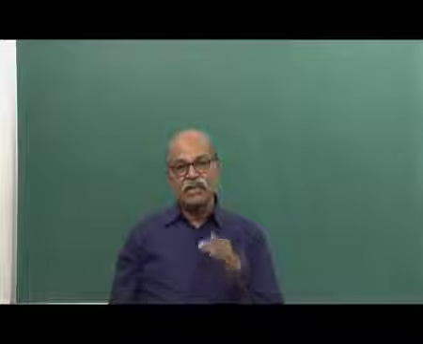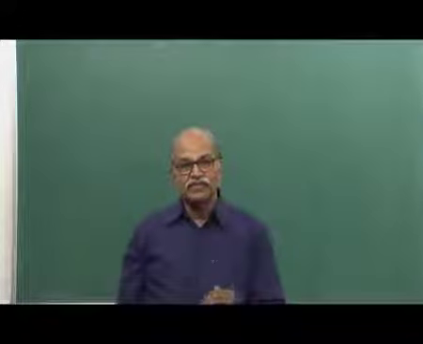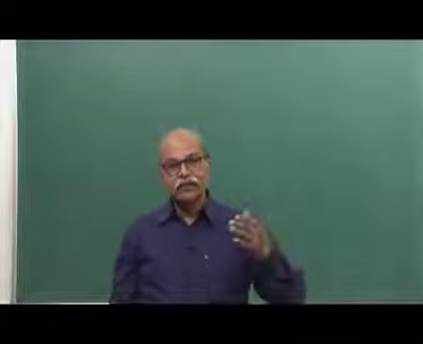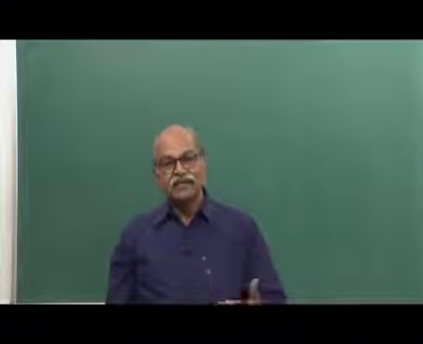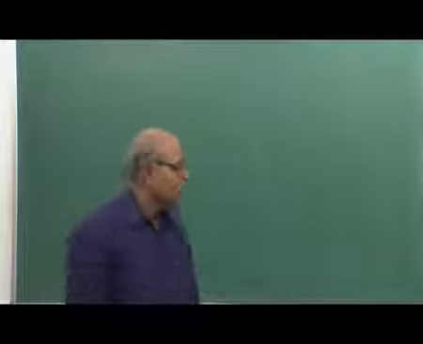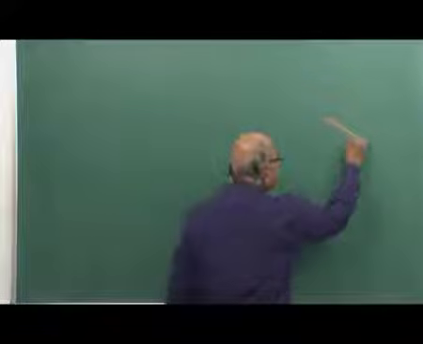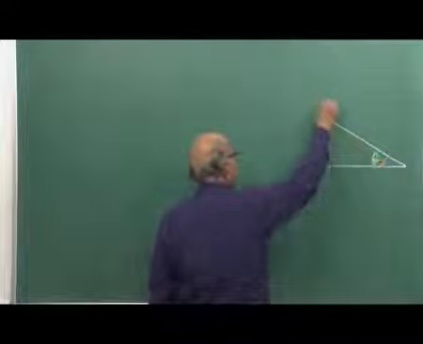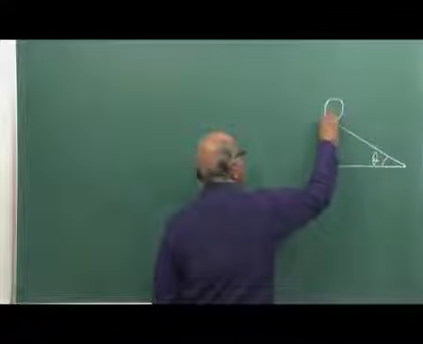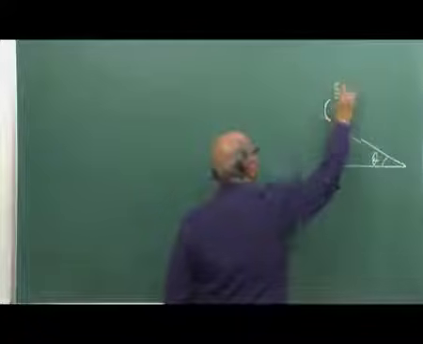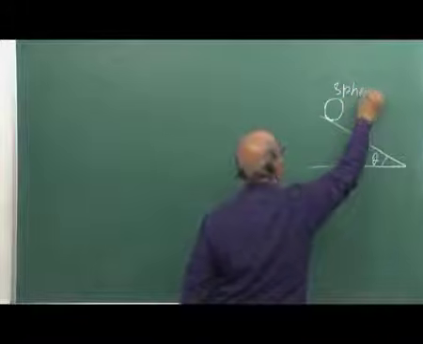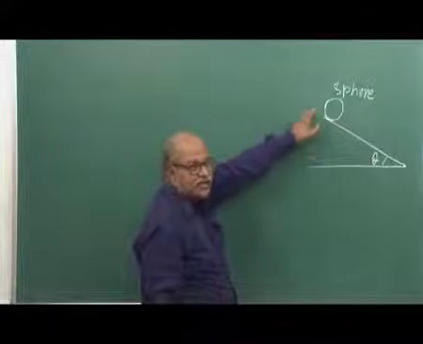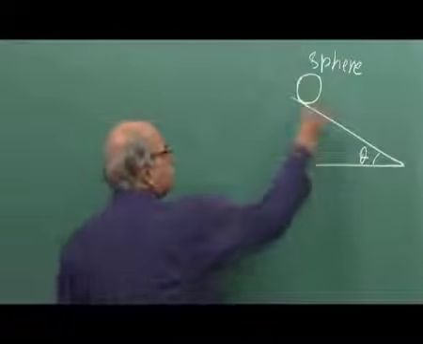You must have derived the expression of acceleration when a sphere or a cylinder or a disc rolls on an inclined plane. So if you have this inclined plane, with some inclination theta, and suppose you have a sphere out here, then if the friction coefficient is sufficient, it can come down with pure rolling.